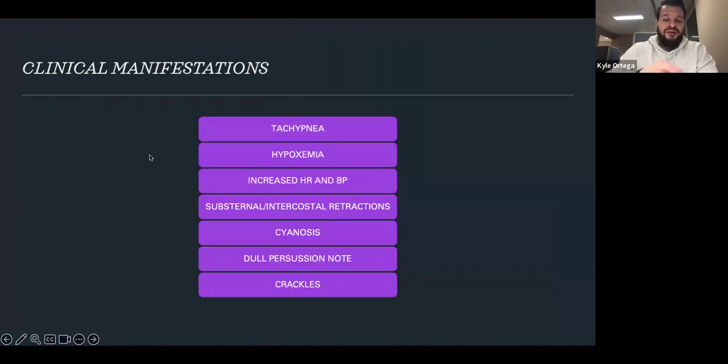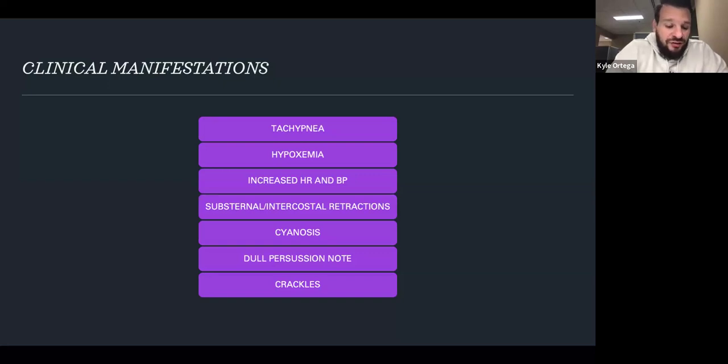Some clinical manifestations that come from ARDS: tachypnea, hypoxemia, increased heart rate, blood pressure, retractions, cyanosis, dull percussion note, and crackles. I meant to put the ABGs on here. With moderate ARDS, you have increased pH, decreased CO2, and a decreased or normal bicarb with a low PaO2 and a low SaO2.